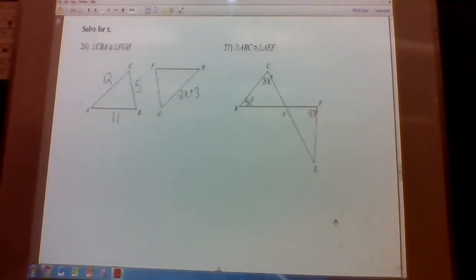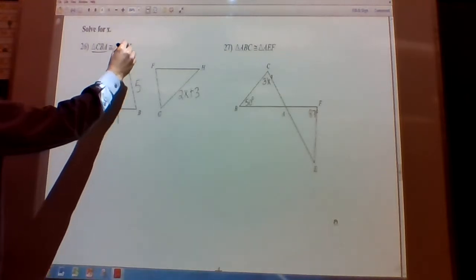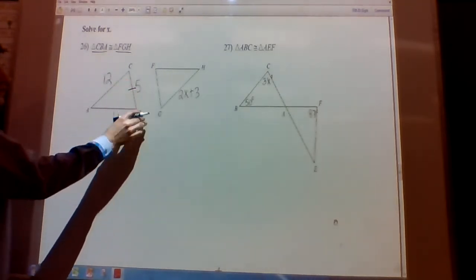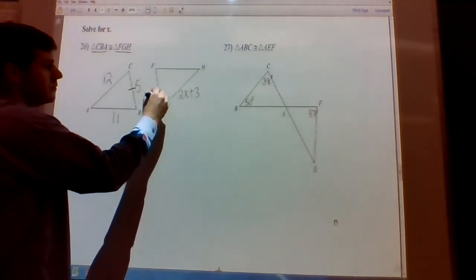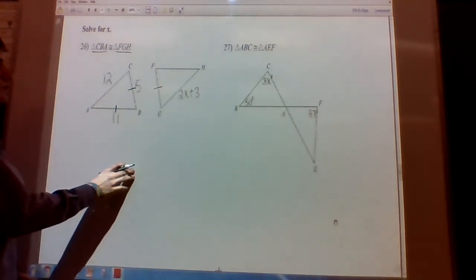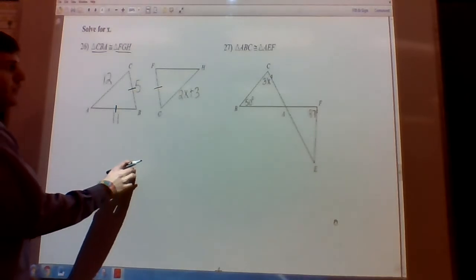So it tells us CBA is congruent to FGH. So if you don't see it right away, again, let's draw on what we know. So we know CB is congruent to FG. We know BA is congruent to GH.